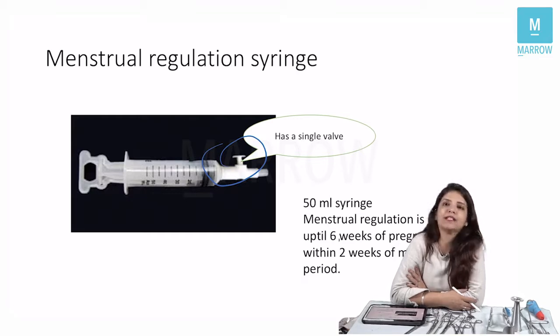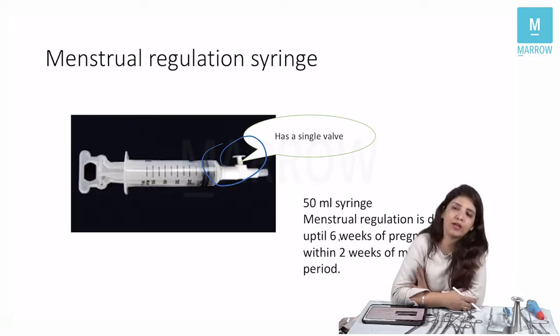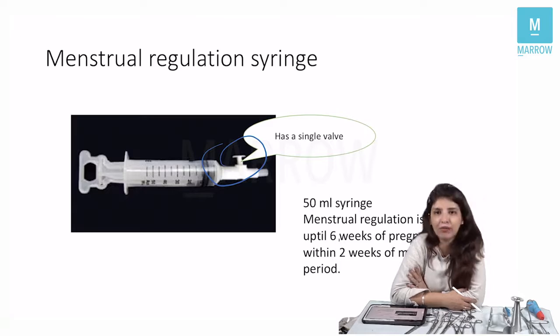Menstrual regulation can be done up till 6 weeks of pregnancy or 6 weeks of amenorrhea, or in other words, till 2 weeks after the missed period. So till 2 weeks after the missed period, you can go for menstrual regulation as a method of MTP. Menstrual regulation is done using a menstrual regulation syringe in which there is a single valve, right?